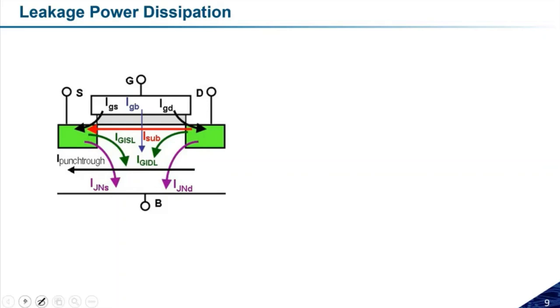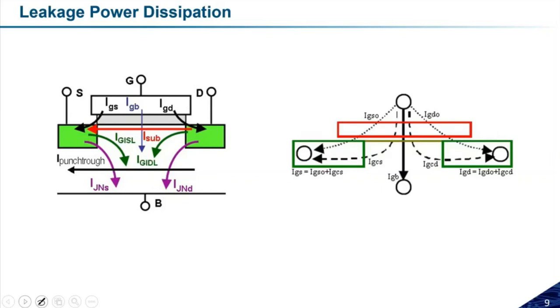If you go into more detail on some components, like IGS, the gate to source, the gate oxide leakage current flowing between the gate and source. This IGS can again be broken into two parts: IGS naught and IGCS.